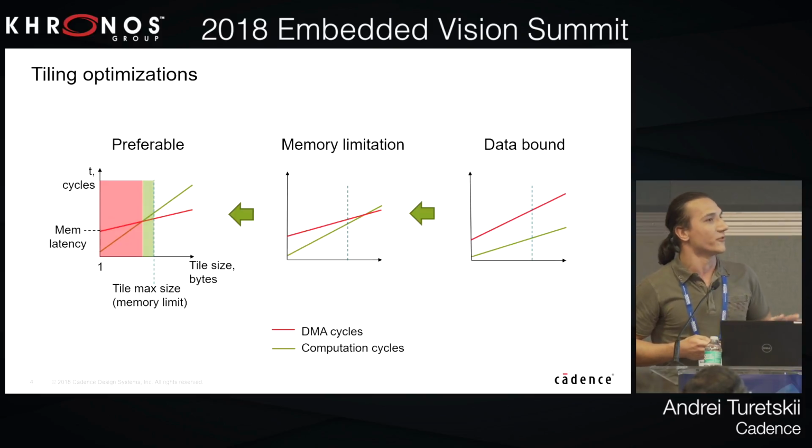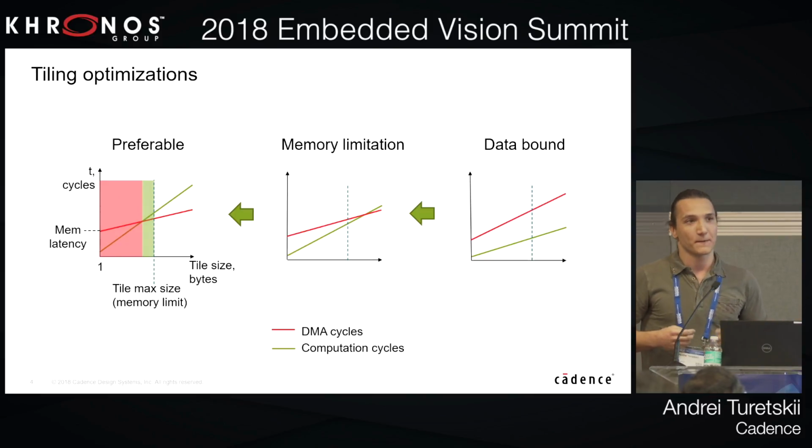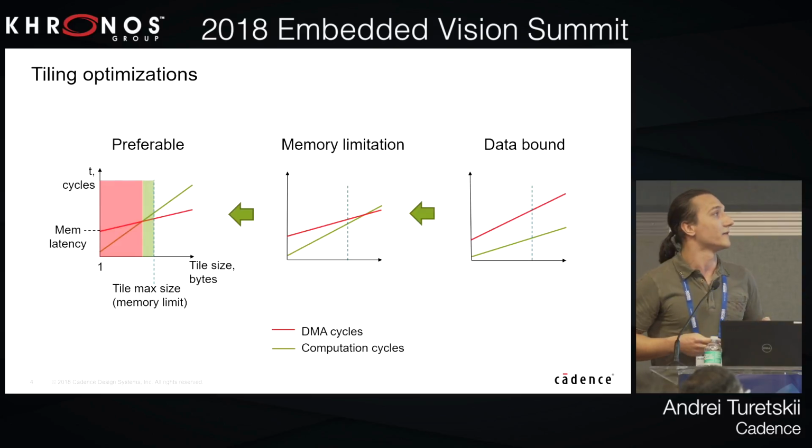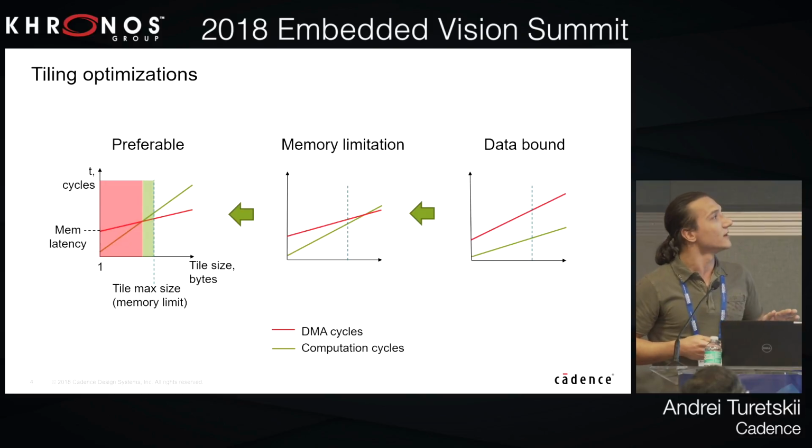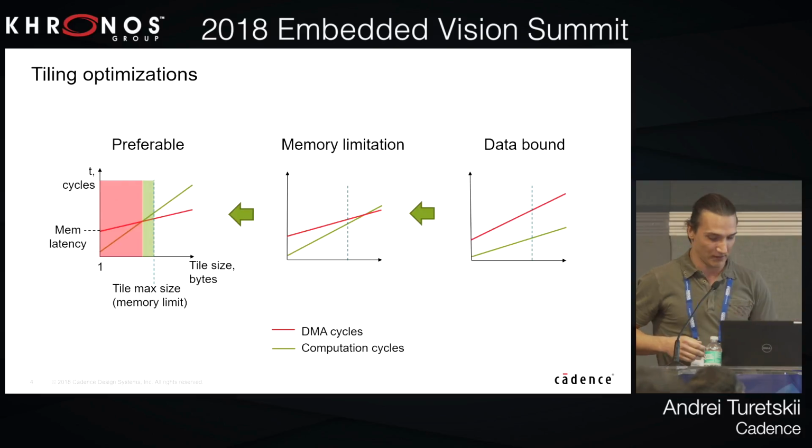Or the worst case on the right, where, for example, a kernel has a very simple algorithm and is executed so fast that DMA waiting time is always much bigger than computation time. But there are some techniques to take cases on the right and move them closer to what is on the left.